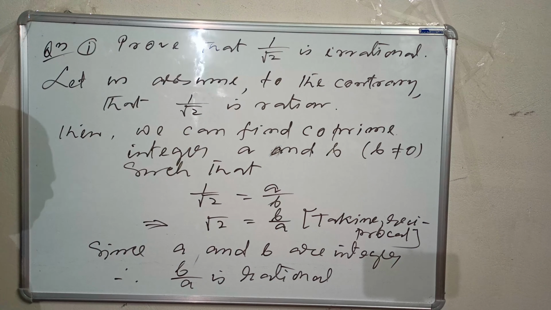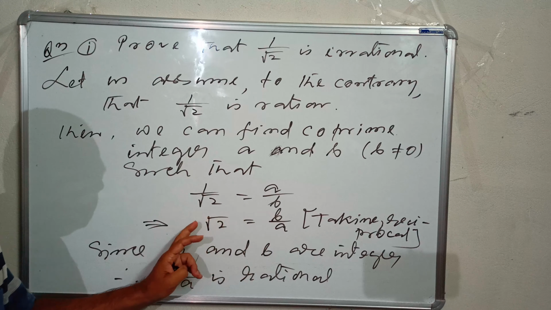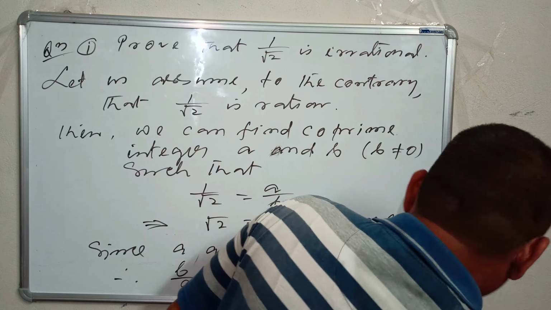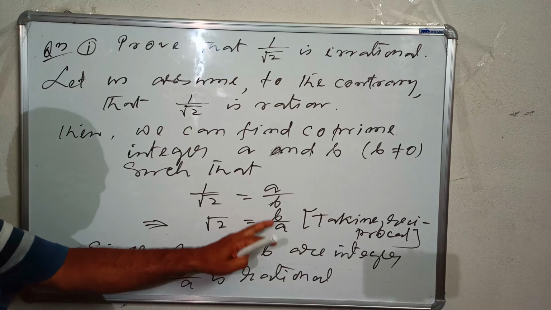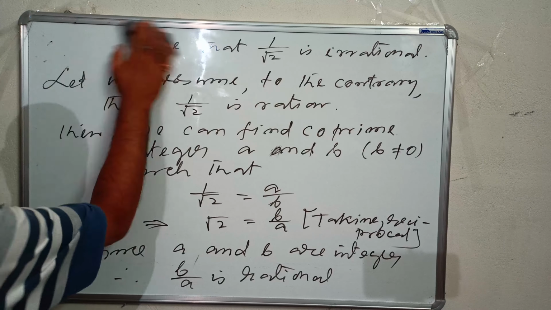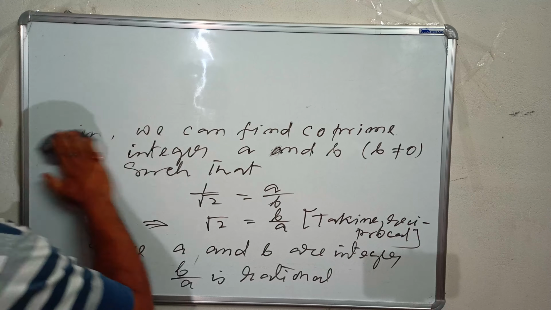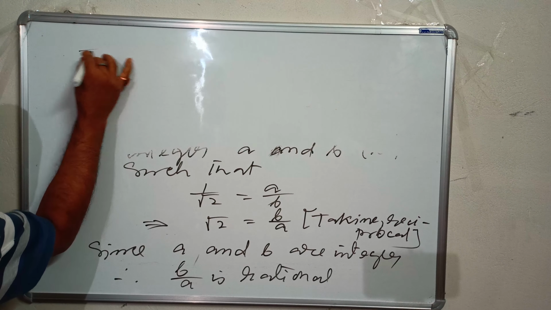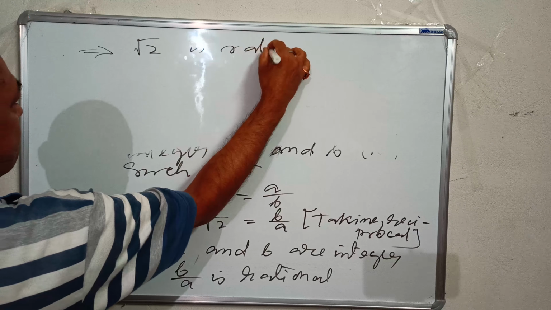Now if b by a is rational, it means b by a, which is equal to square root 2, is also rational. So it implies square root 2 is rational.